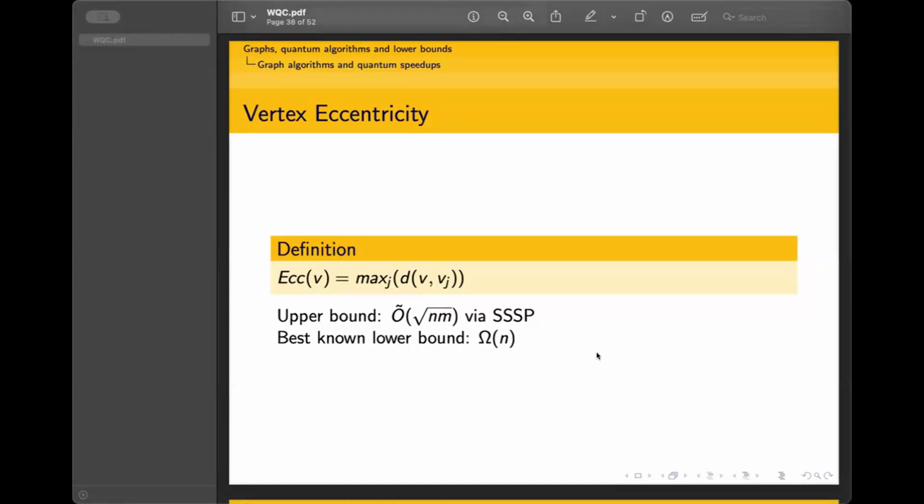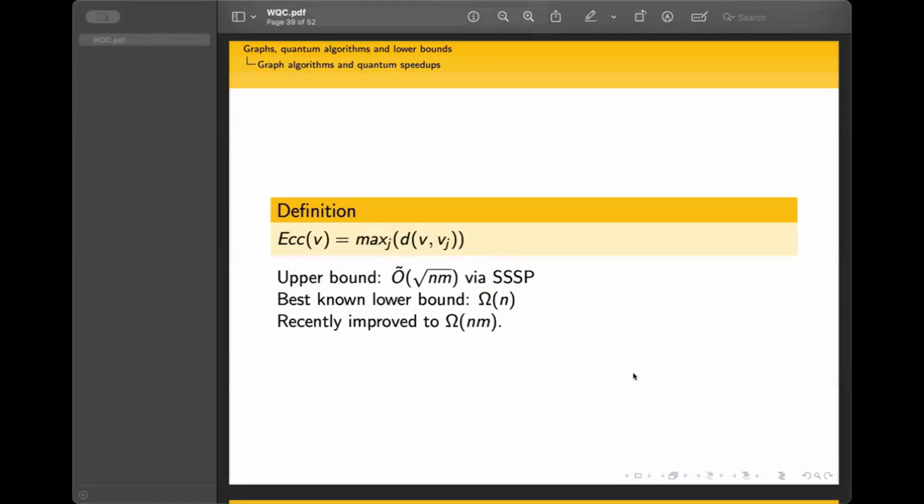It seems like this lower bound is not very good. You would believe that the square root of n times m algorithm is correct. It has only recently been improved to show that solving eccentricity via quantum Dijkstra is essentially optimal up to some polylog gap, which still exists.